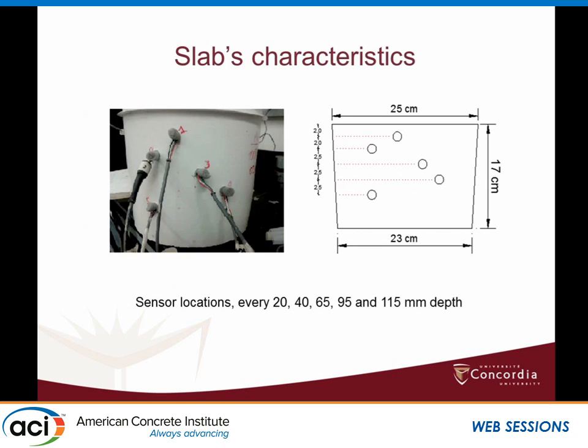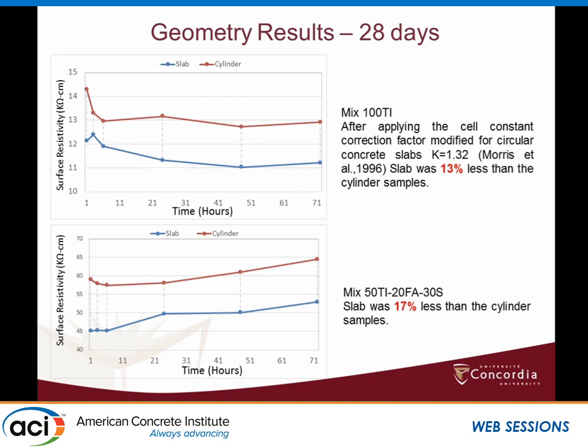So this is a picture of the slab, and it also describes the location of the sensors. You can see we put them at 20, 40, 65, and 95 millimeters depth, and it was a test to understand how it's going to change.